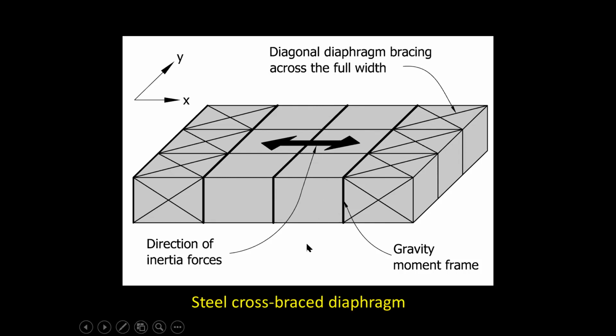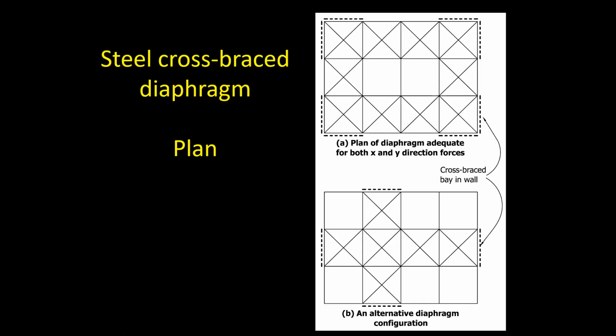And so when it comes to the final diaphragm for this building, we need to combine the diaphragms in the X direction and the Y direction together. And so here we've got a truss that's good in the Y direction, and there are two trusses in the Y direction, and they are transferring the forces into these braced bays at each end.